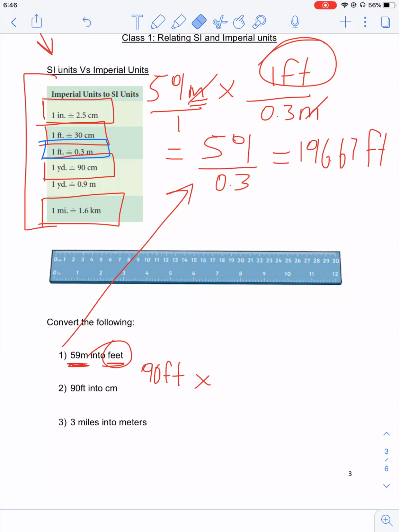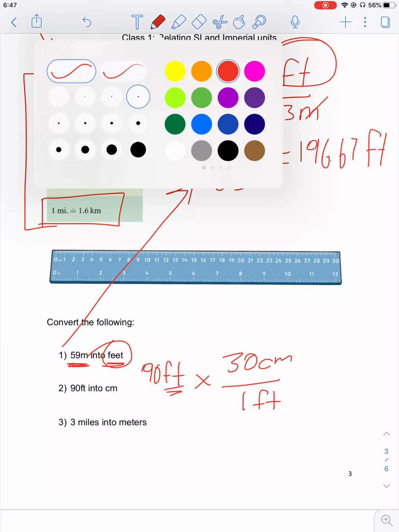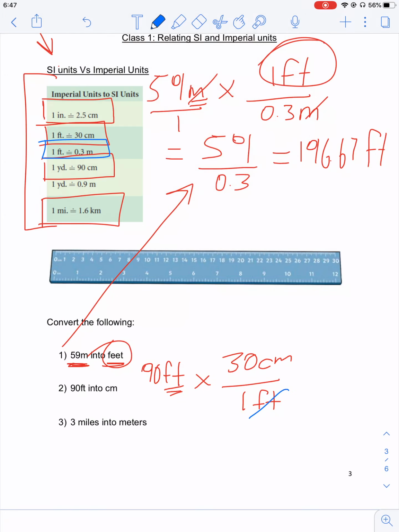So again, feet is on top, but I want that to cancel out. So I'm going to have to put feet in my denominator. Now, what does that ratio tell me? It tells me that 1 foot is actually 30 centimeters, okay? And when I do that, the feet and the feet will cancel.